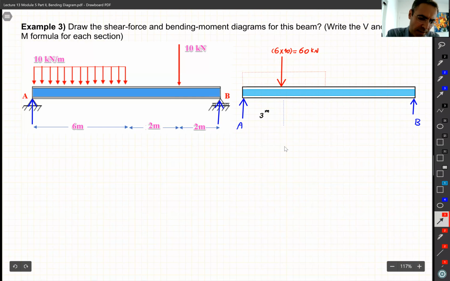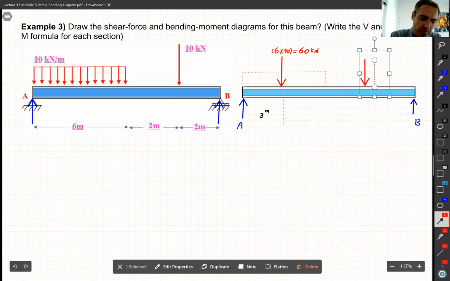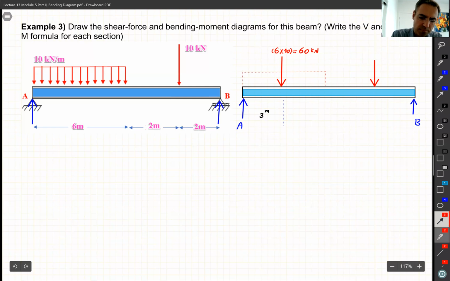Then we have this guy here. Let me move this one up. Then we have this load, 10, over there. All right, that's my free body diagram. From this free body diagram, I write down the equation. We take the moment about point A equal to 0.